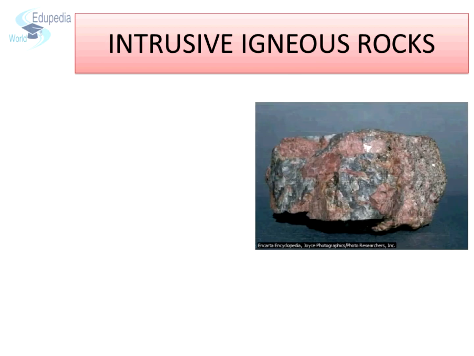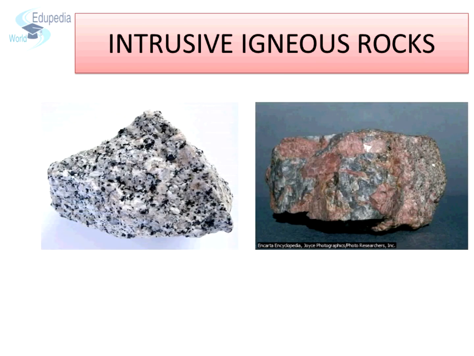It is interesting to note that although pegmatite is a hypabyssal rock and granite is plutonic, pegmatite has larger mineral crystals than granite. This is because pegmatite forms out of the granitic magma that is richer in H2O and is therefore more fluid.